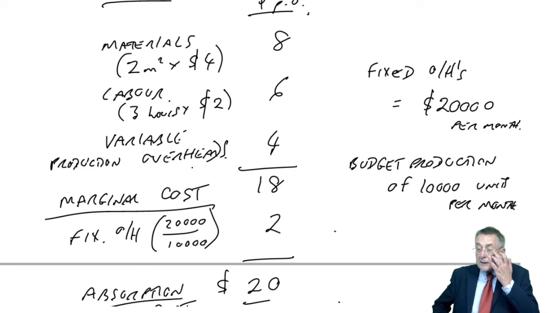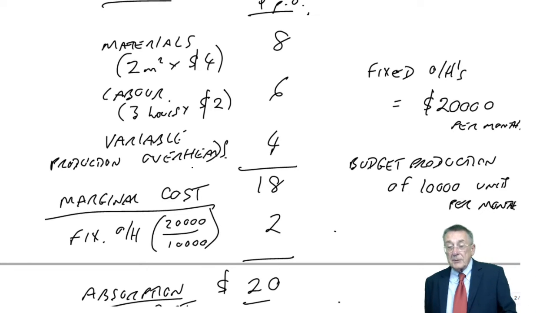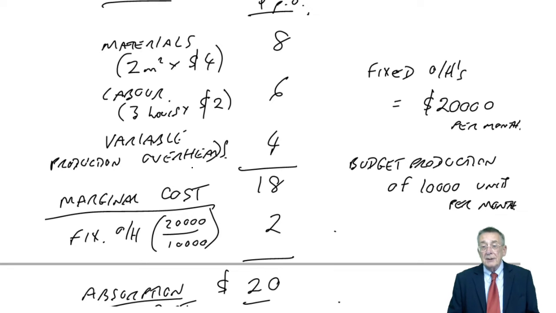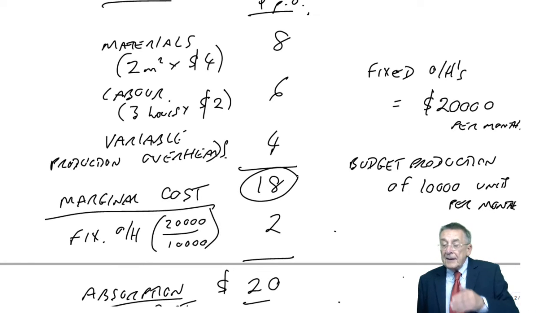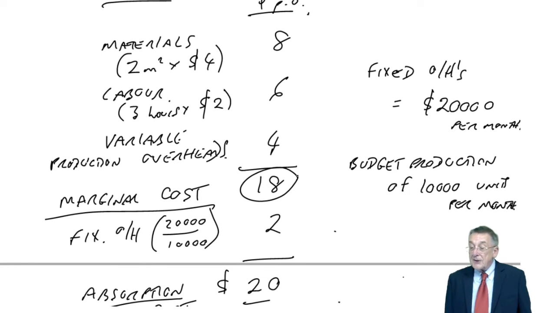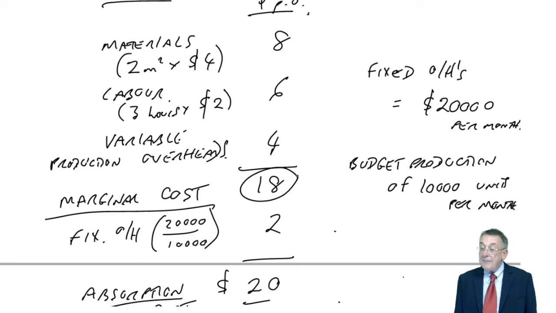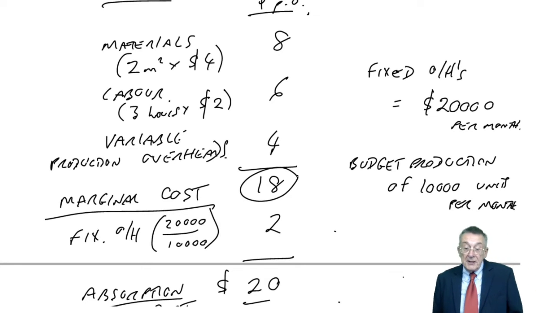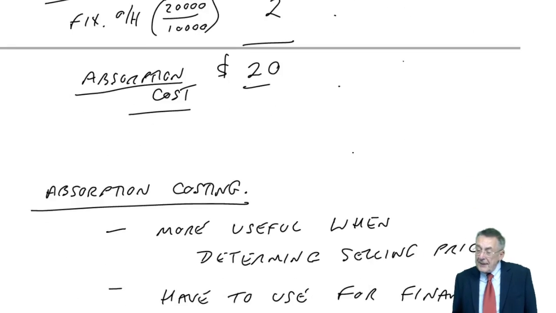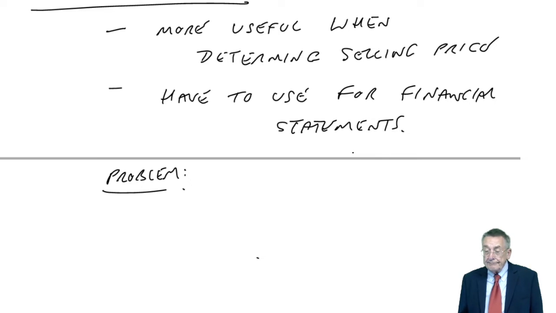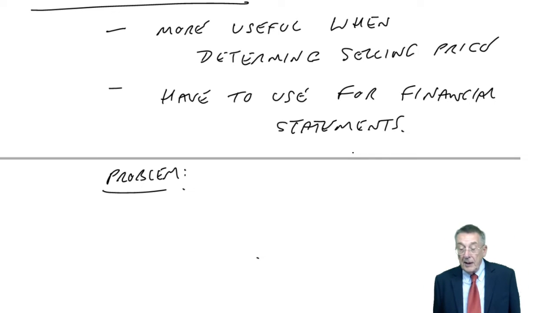Because if we end up producing 15,000 units or 5,000 units, marginal costs, no problem. That stays at 18 a unit. It doesn't matter whether I make more or less. But if I only produce 5,000 units, fixed overheads are $4 a unit. Full cost is 22. If I produce 20,000 units, fixed overheads are $1 a unit, and so on. So that does create a problem, which perhaps is a strength of marginal.